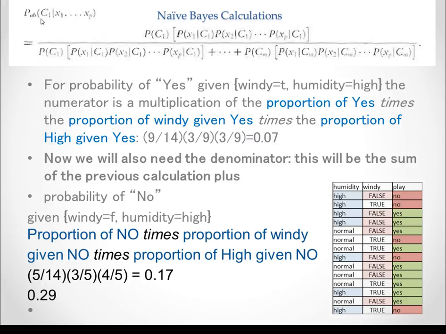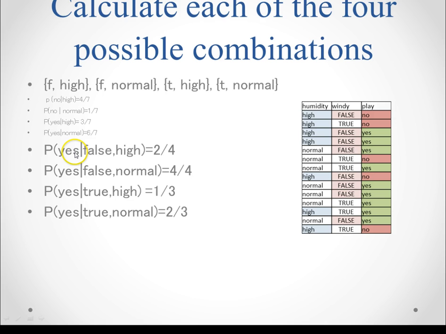Naive Bayes says that instead of doing it the way we just did it, we could use this naive Bayes classifier. It looks very messy, but we only have a few variables. We're calculating the probability of yes given certain conditions. We didn't do the no calculations.